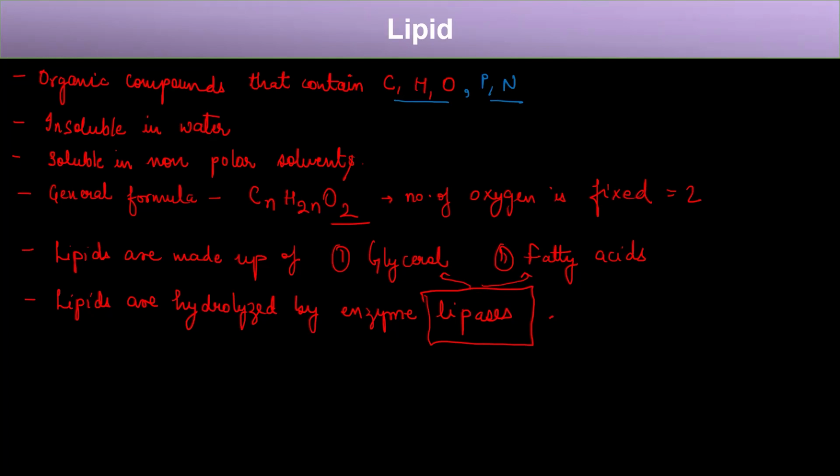Now, the next thing that we are going to study is fat. People often get confused between the terms lipid and fat, and we always use these terms together, as if lipid is fat and fat is lipid. But is it really true? Fat is a lipid, but we cannot say that all lipids are fat. Fat is a subgroup of lipid.